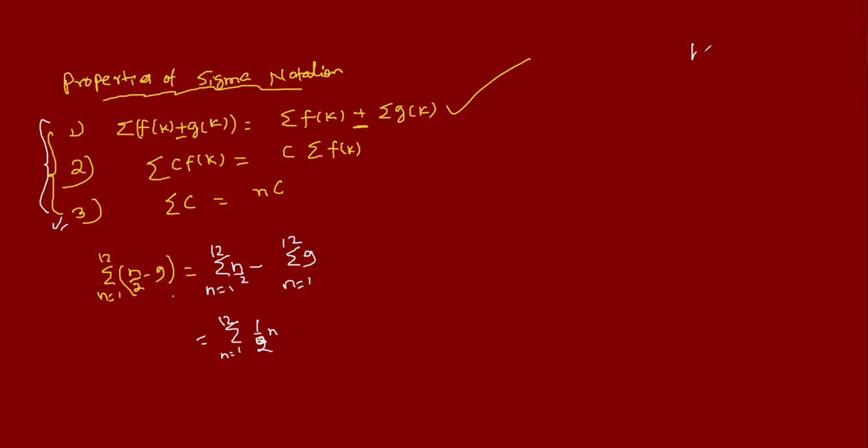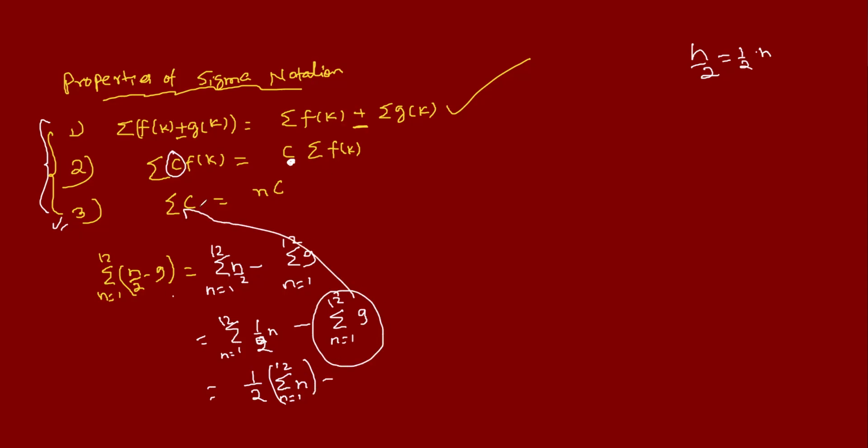n over 2 can also be written as half into n. Now see, half is C, so C can be taken outside. And this is only C, and only C means n into C. What is n? n is the upper limit.